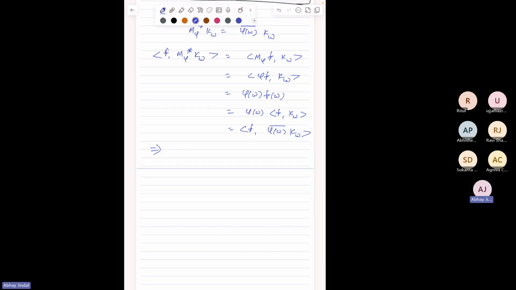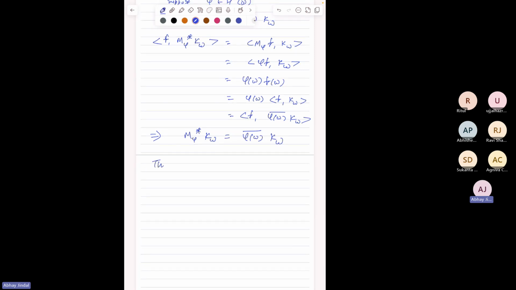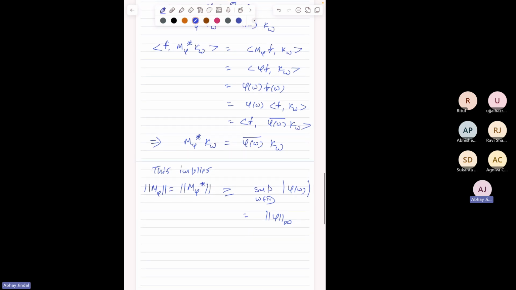So we have the result M_phi star k_w equals phi(w) bar k_w. Now this implies, so this proves one side containment: if phi is a multiplier of the Hardy space, it has to be an H infinity function.